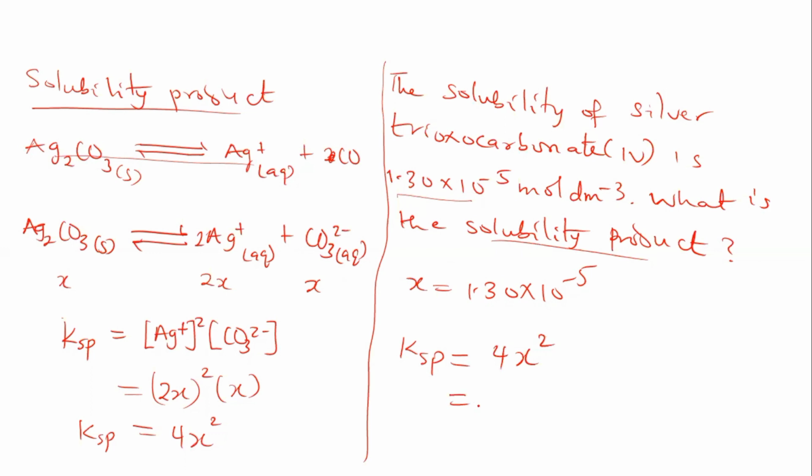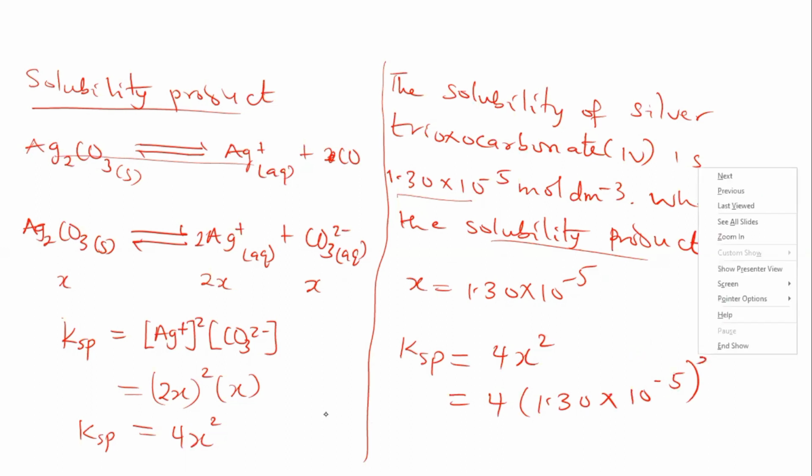So that's going to be what? 4 into 1.3 times 10 raised to power minus 5, all raised to the power of 3. Sorry, this one will be 3. It's to the power of 3.